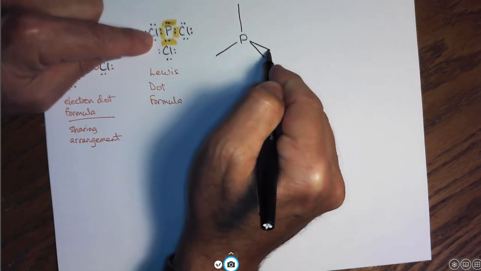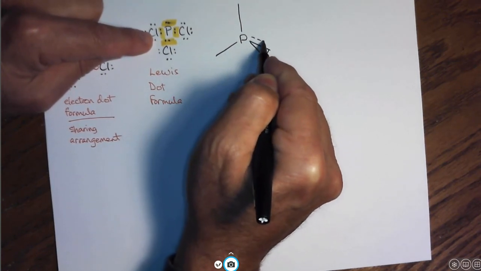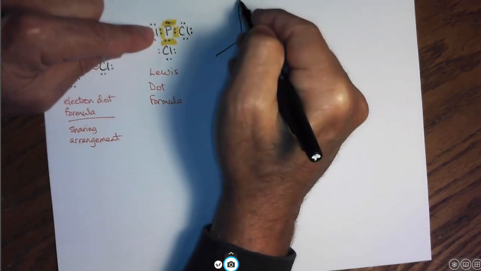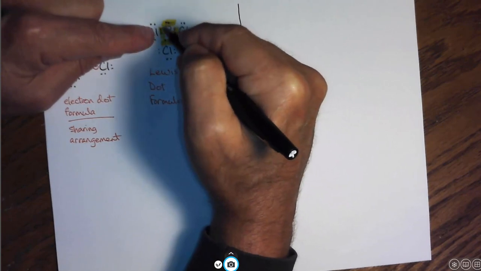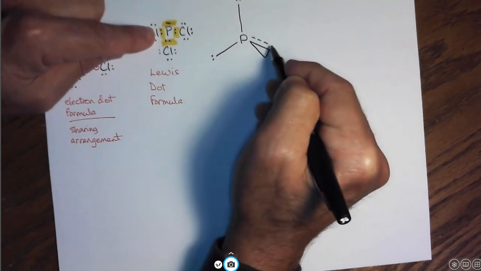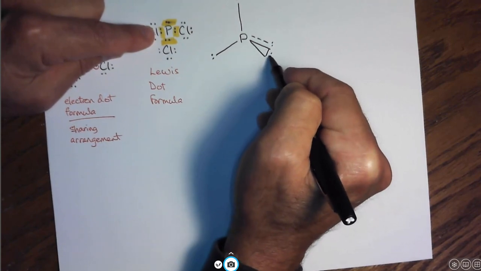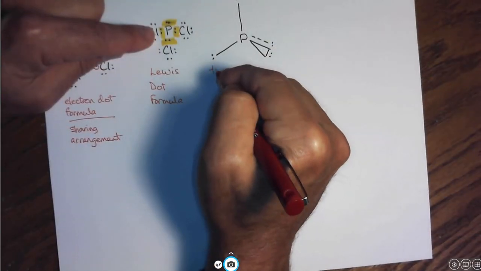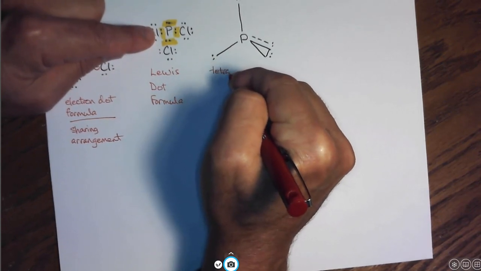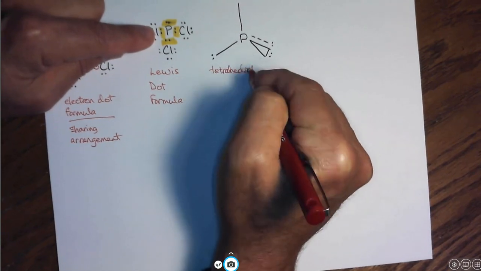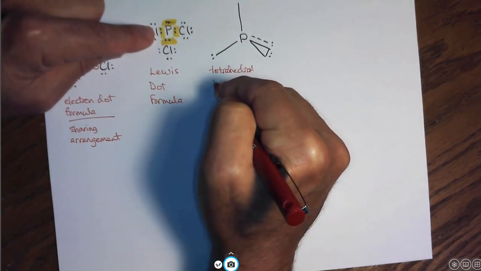And that's a tetrahedral shape like this. I'll put a set of 2 on each of these arms because I got a set of 2 on all 4 sides of this phosphorus. So this is a tetrahedral. And we call this an electron pair shape.